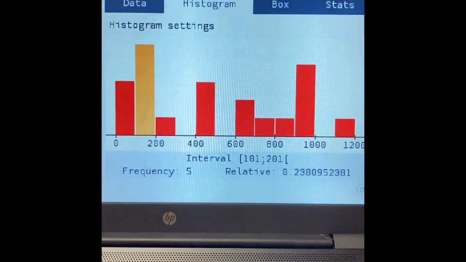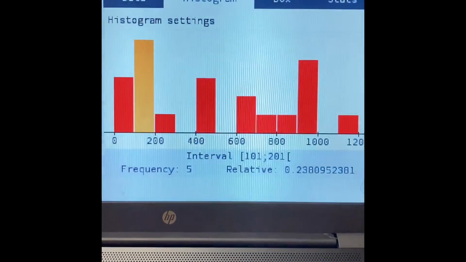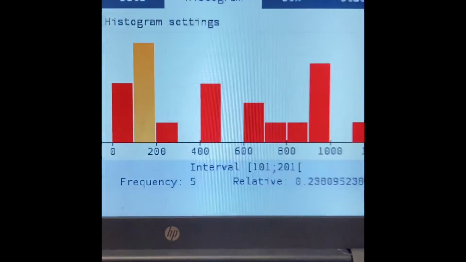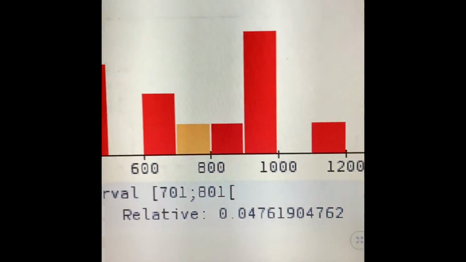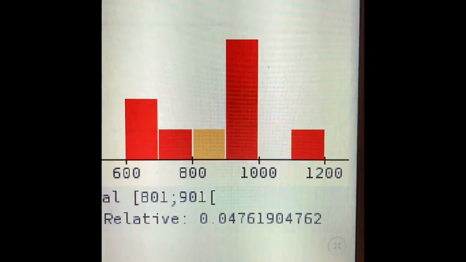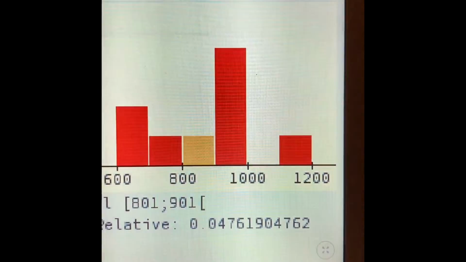So this is what our histogram looks like. Bars that are touching each have a different inequality. For example, from the range of 800 to 1,000, there are 2 bars in here.